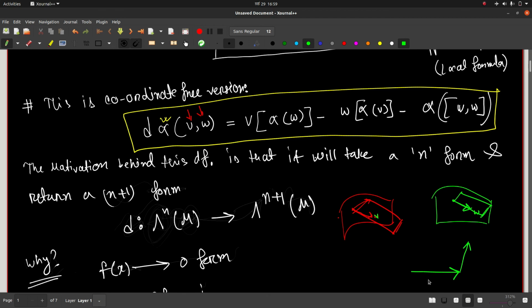So if this is your v, alpha of v in the direction of w, then the other would be, say, alpha of w in the direction of v, and let's say this is your test vector and you are going towards this way in one, this is one way and this is another way, and you want to finally measure the difference.